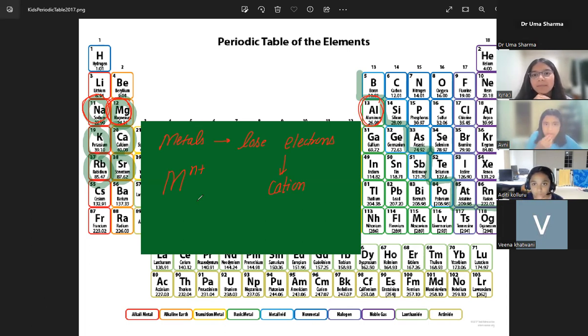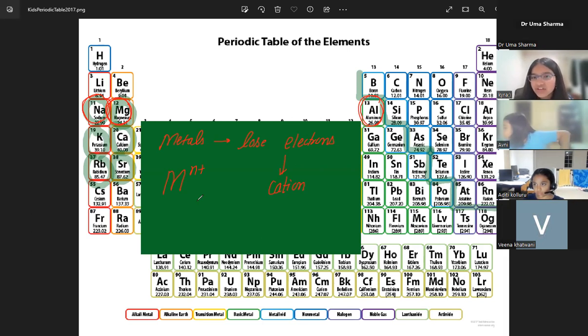I have a question about converting into the magic numbers. What about silicon? The atomic number is 14, but it can go for neon or it can go for argon.